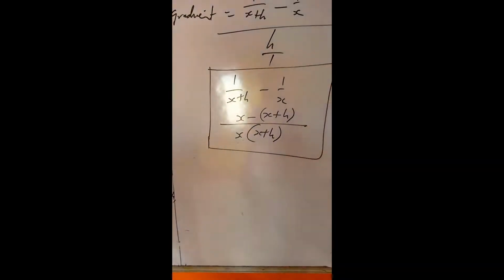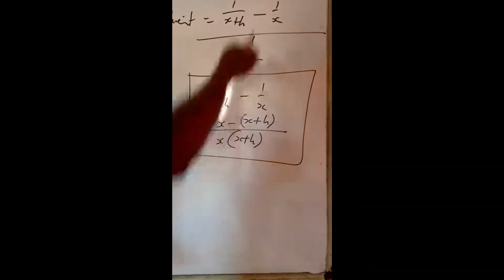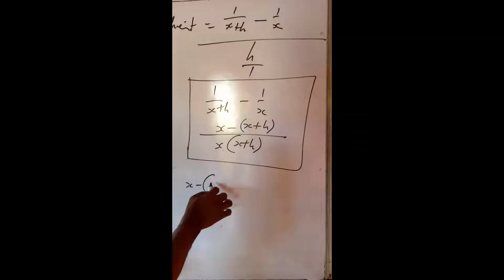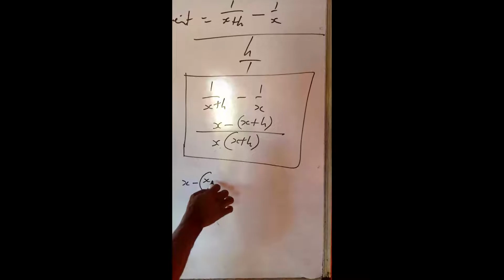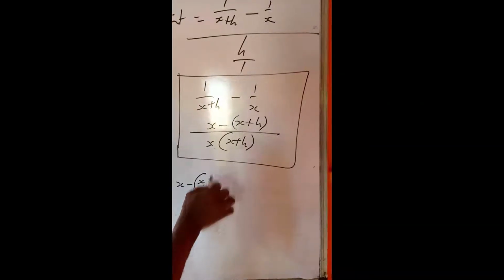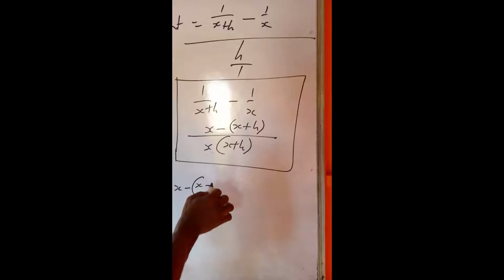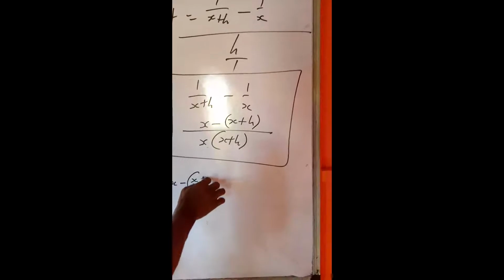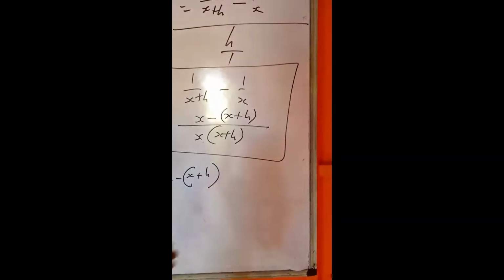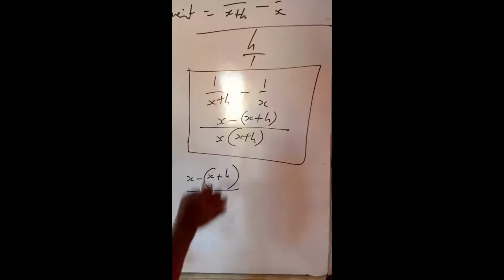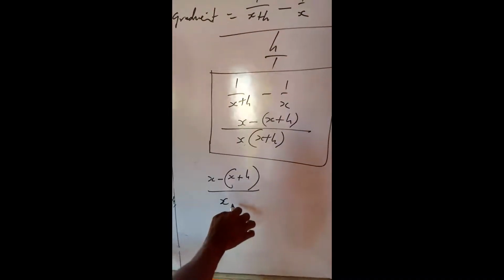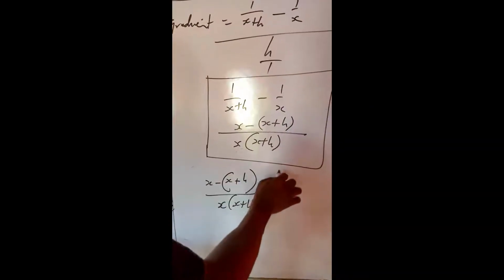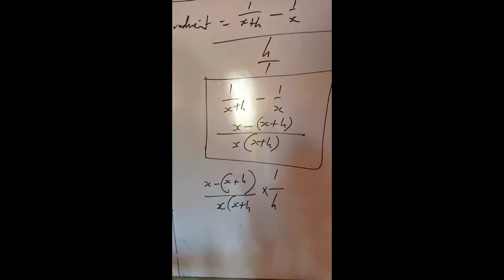So we can also say that if you want to bring this together, we can say x minus bracket x plus h, all over x into x plus h. If you invert it, it's going to be 1 all over h.